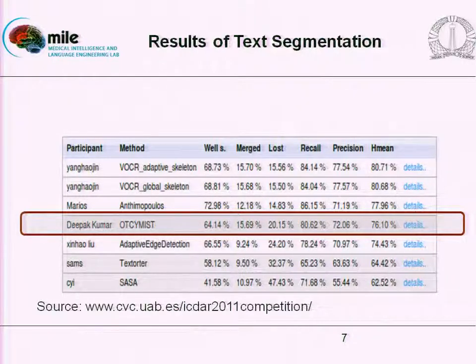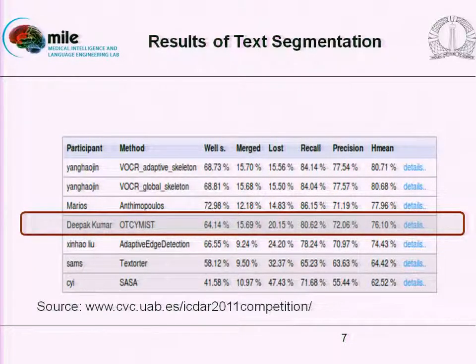So here the crux was the minimum spanning tree, which I used for retaining the text components. So this completes segmenting the text from the image.